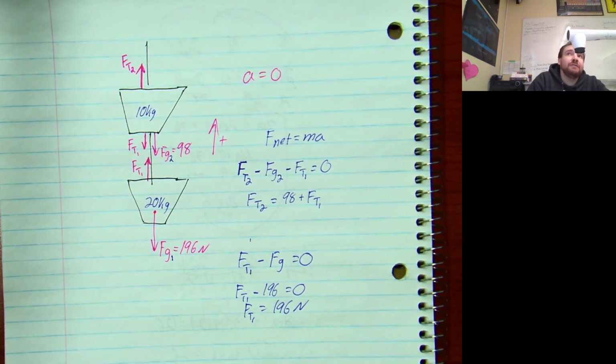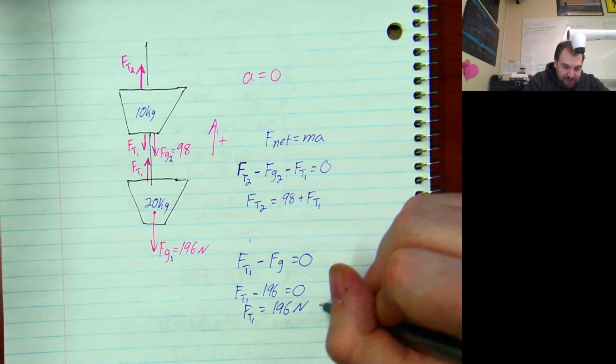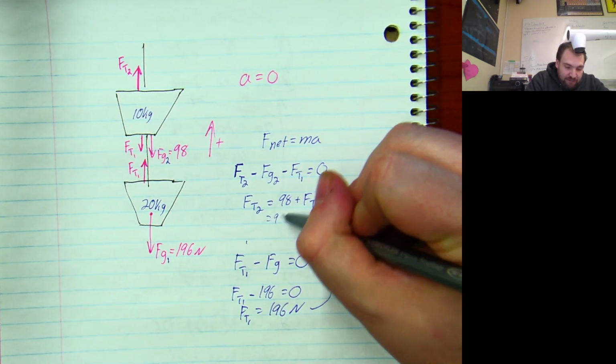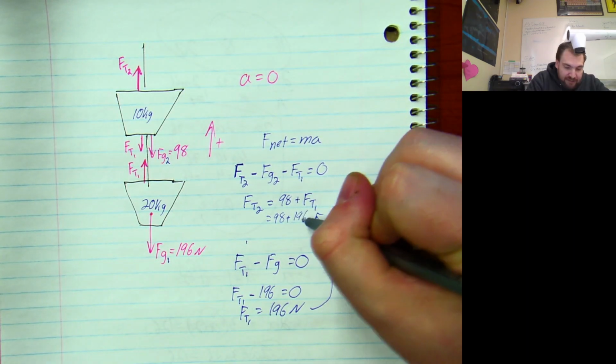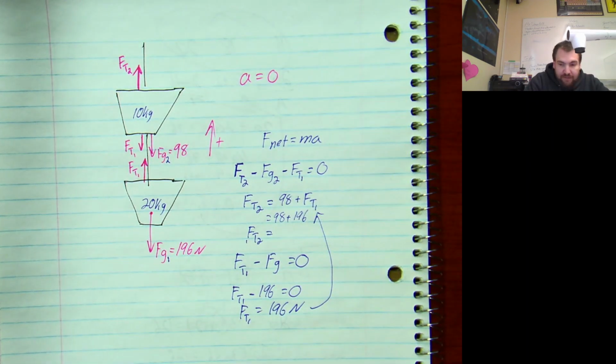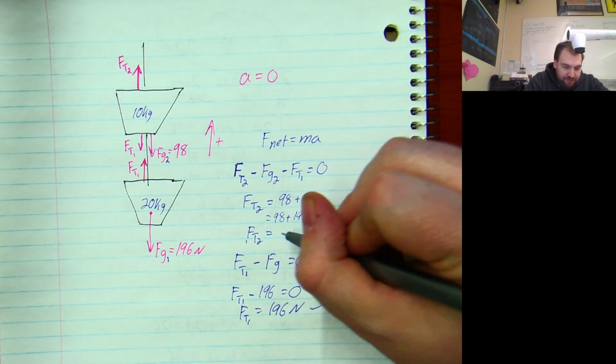To find the other tension, you just take that value for FT1 and plug it into the other equation. So we're going to have 98 plus 196. So FT2 is going to equal what? 294. Almost 300.